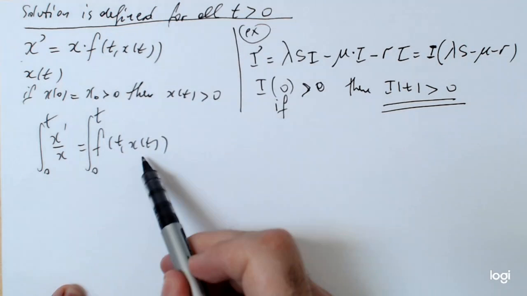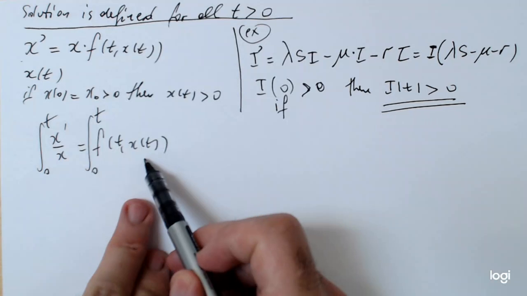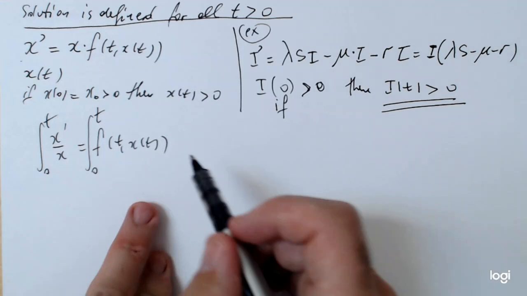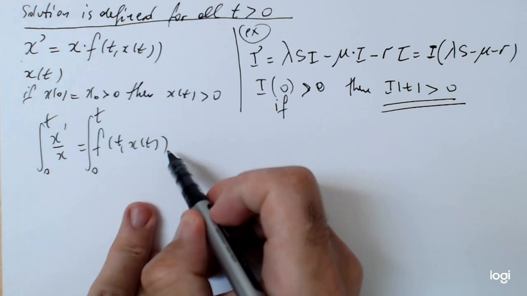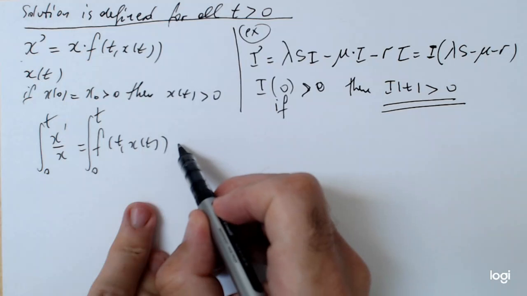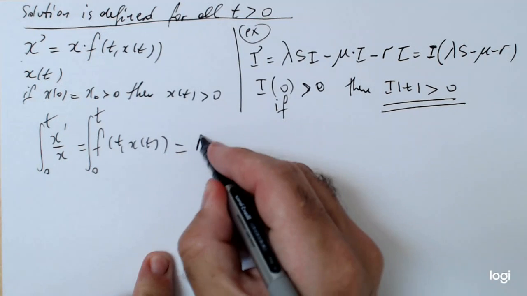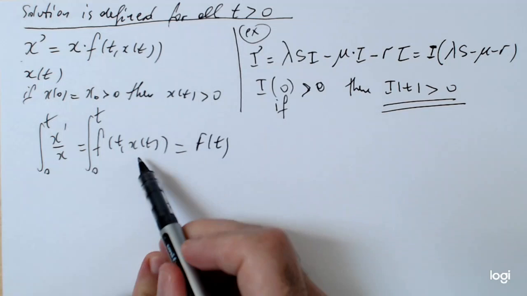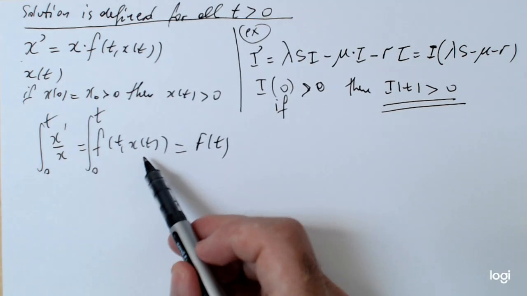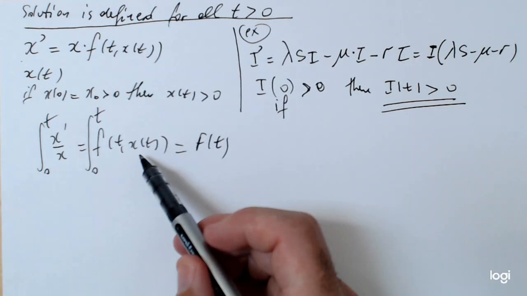Normally I'd have to change the variable from t to a dummy variable inside here, but I'm not going to bother for now. Let's just imagine that the right-hand side, this integral of whatever you have here, is some function of t. It contains the undetermined function x of t, but let's imagine that we know this exists.